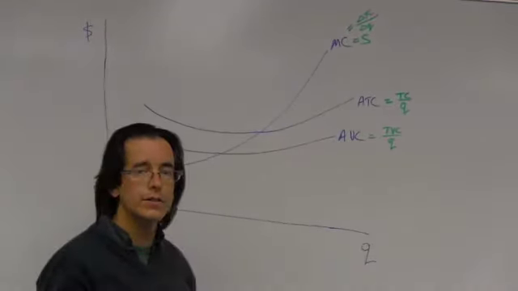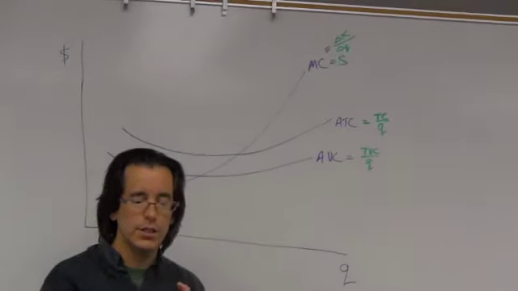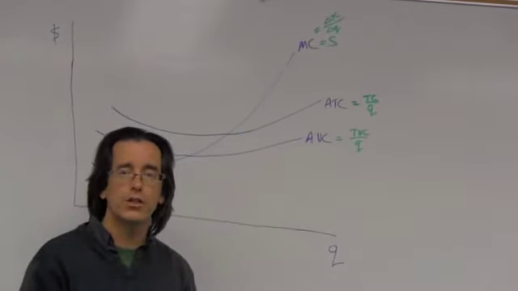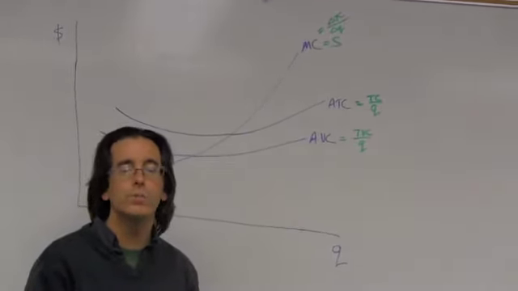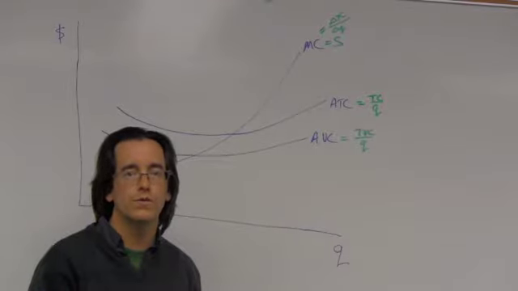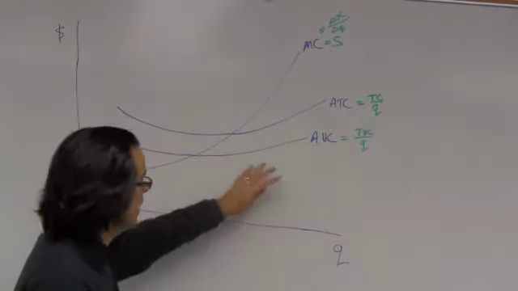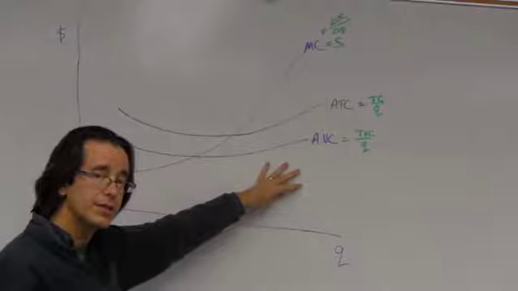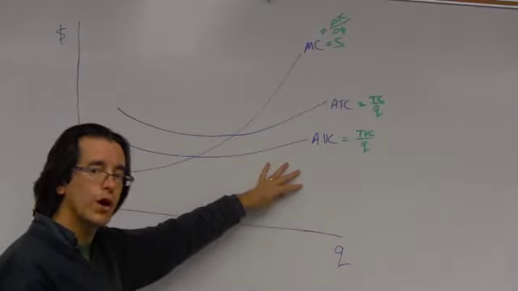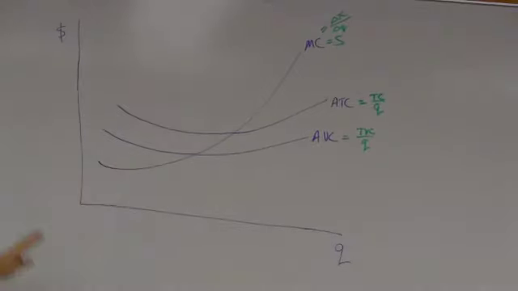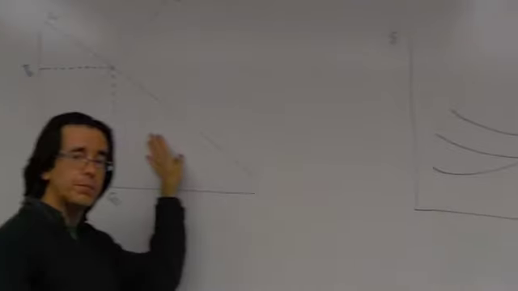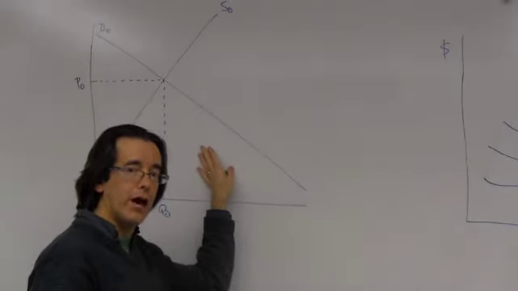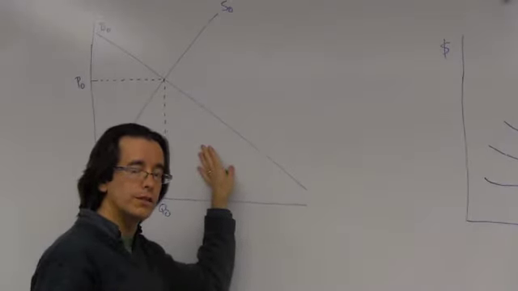Underlying all this are technology, prices of the factors of production, and many of the supply shifter categories we've talked about already. Again, these are the cost curves for an individual firm, and it's affected by price, which comes out of the overall market supply and demand.